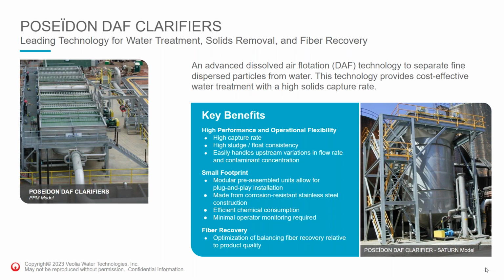So we need to conserve space, and so we've come up with designs where small footprint type DAFs can be used in these recycle and deinking and paper machine whitewater loops. And we use them for, as Chris had mentioned, water recovery as well as fiber recovery in some cases as well.